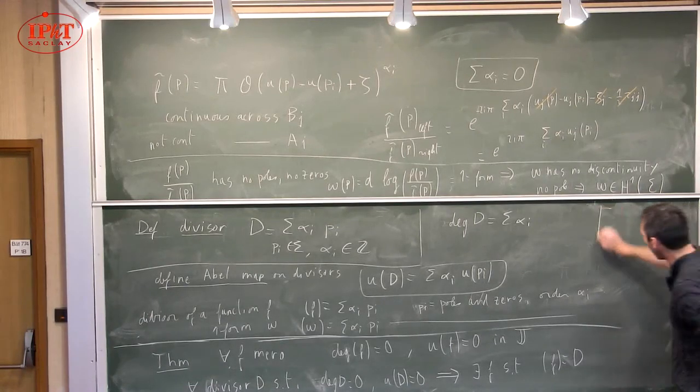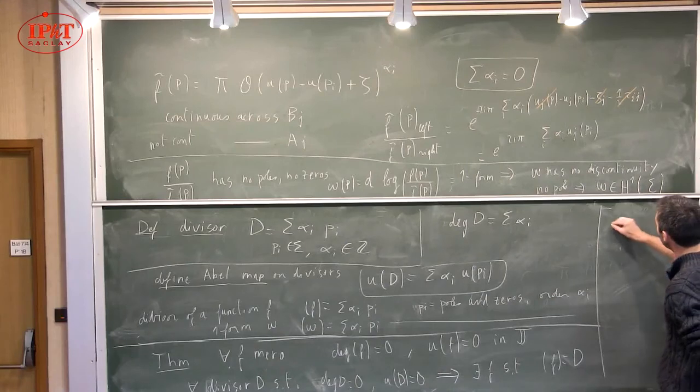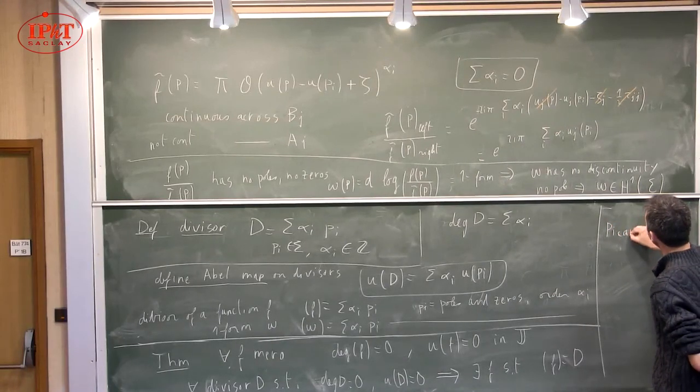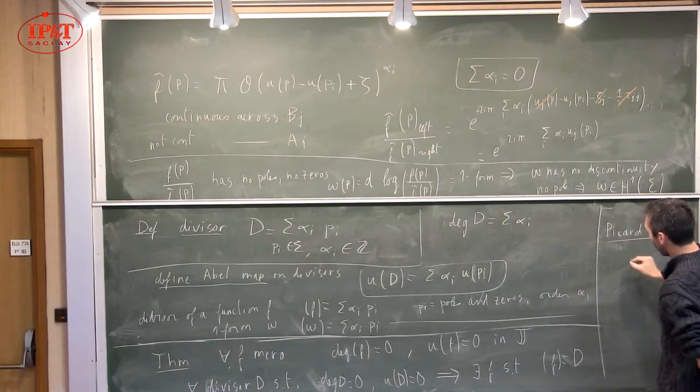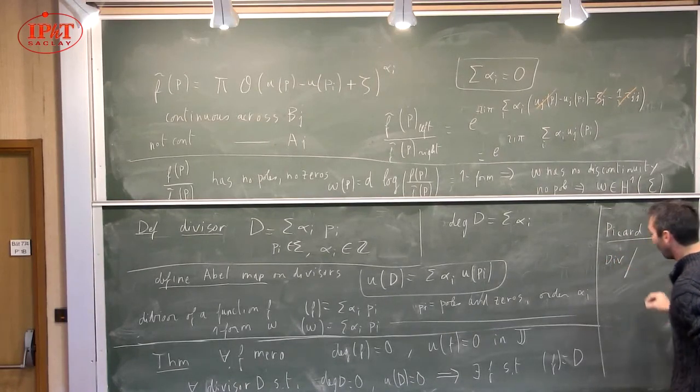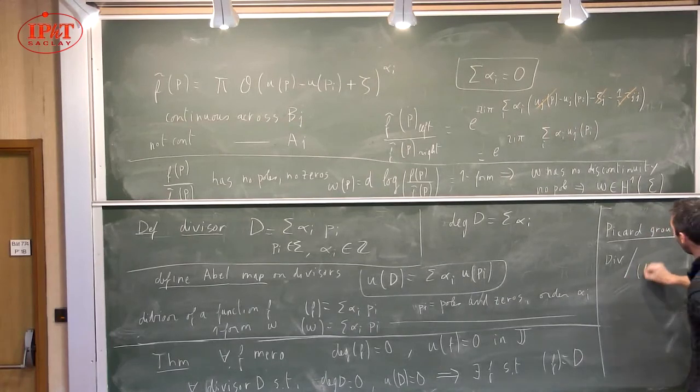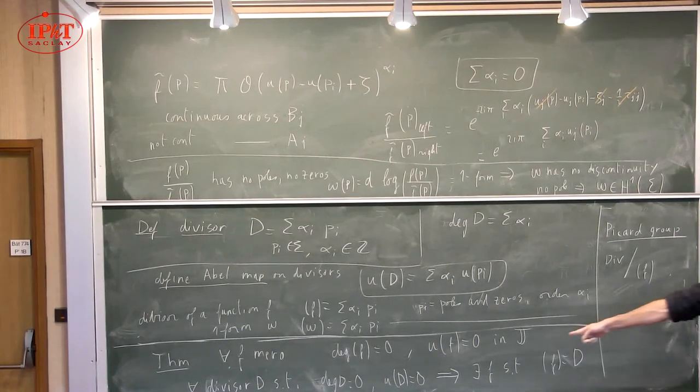And there is something which I will not use at all, which is the Picard group, which is the set of divisors quotiented by the set of divisors of meromorphic functions. And the Abel map is well defined on the Picard group, due to this property.